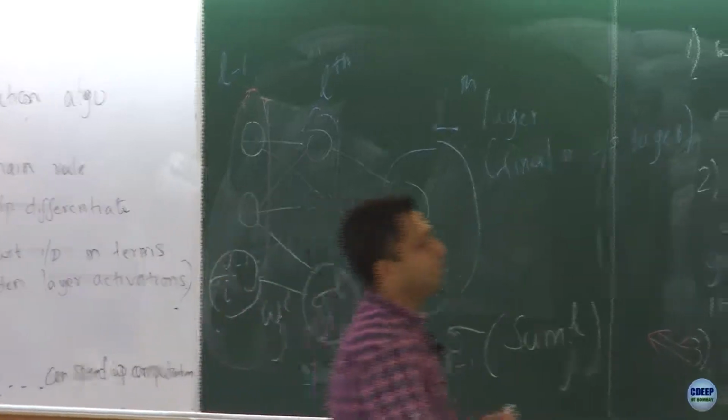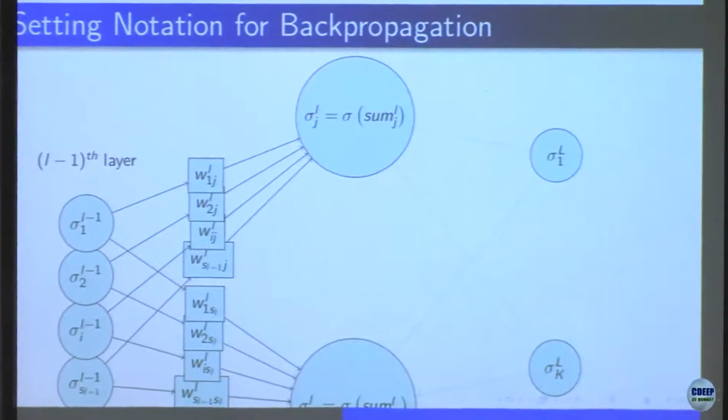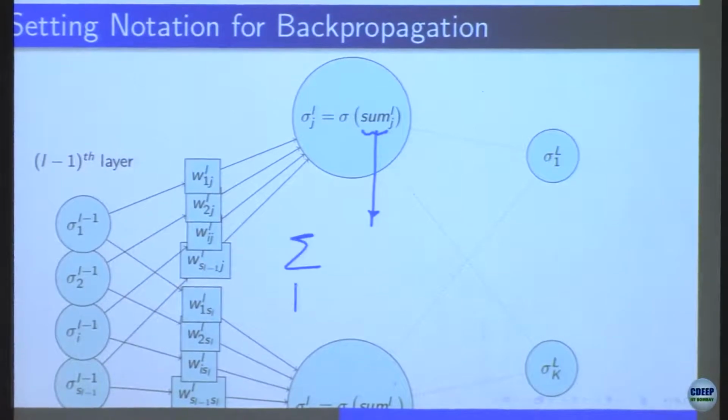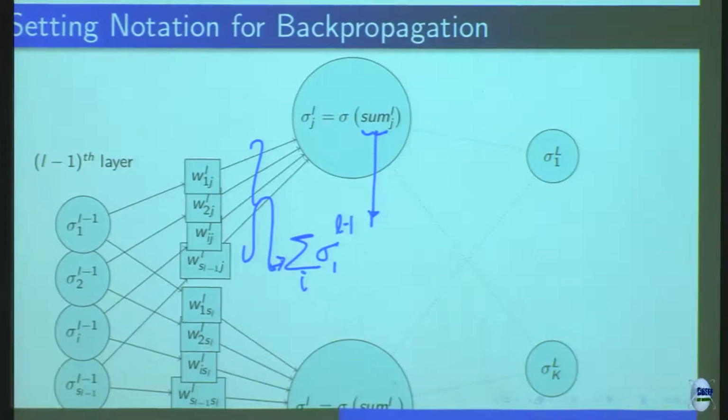Okay, I will write this again on the board. This sum JL, as the name says, is a summation over all the I's here of sigma I L minus 1 into Wijl. Now if you want to be more specific, I ranges from 1 to the number of nodes in the previous layer, which I call SL minus 1.